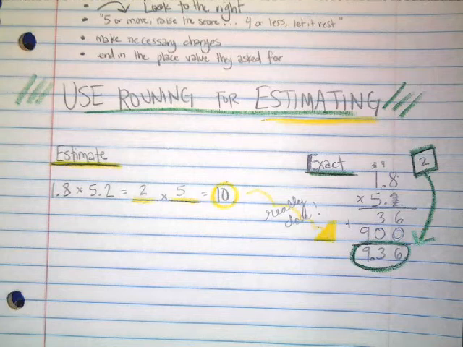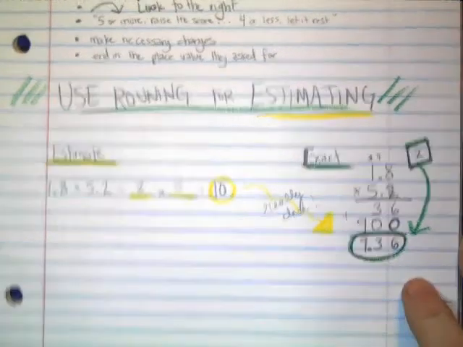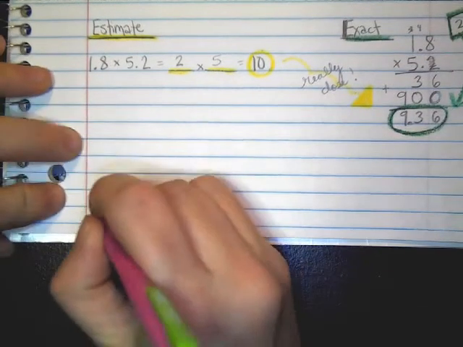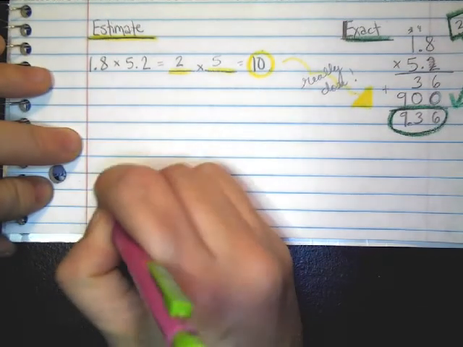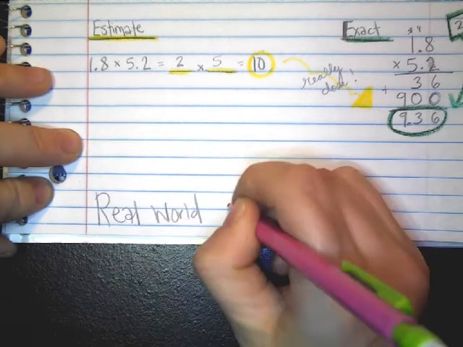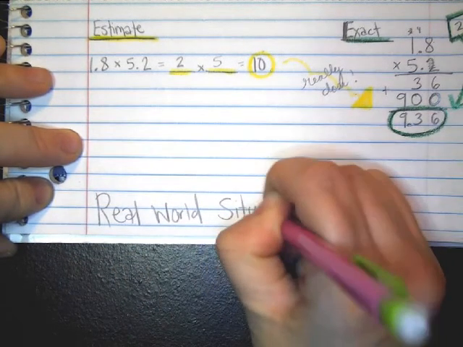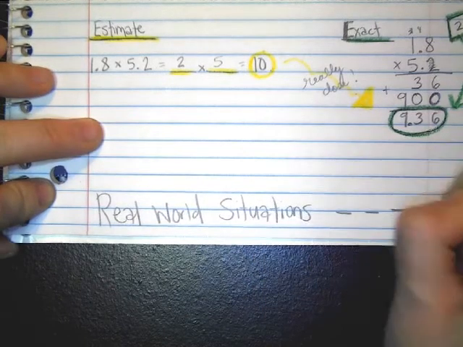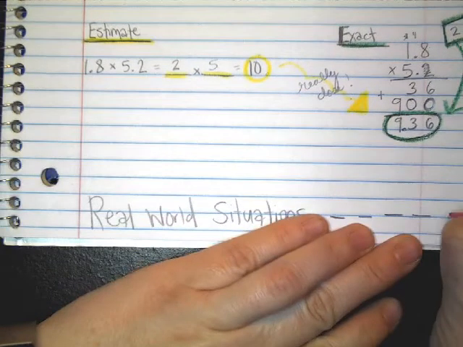Okay? The last thing we're going to do, I just love this so much, is some real world problems. So we're going to write that at the bottom. Real world problems with an arrow. Actually, let's say situations.